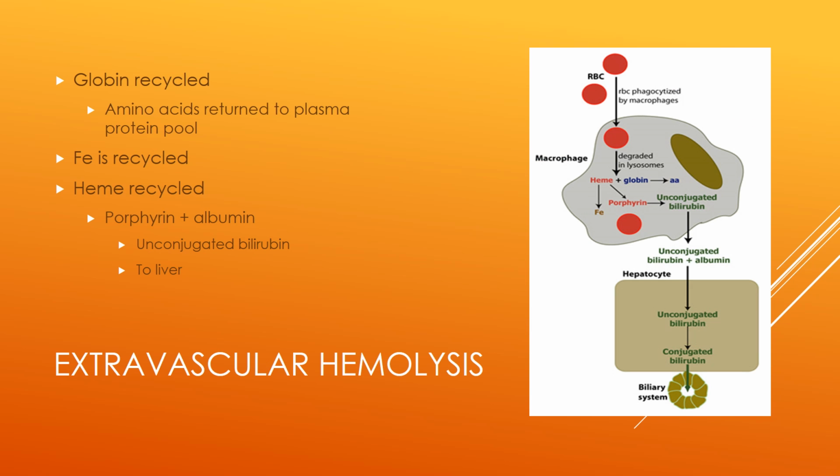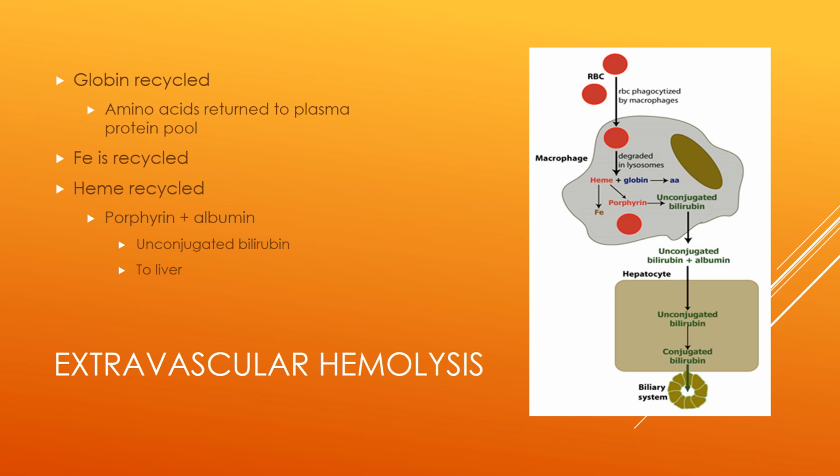Extravascular hemolysis. In this case, we know that the hemoglobin can still be recycled. Everything's going to be recycled. The globin chains are going to be broken down into amino acids, and those will be returned to the plasma pool. Nothing particularly fancy about that. The iron is going to be recycled. You're going to use that again.